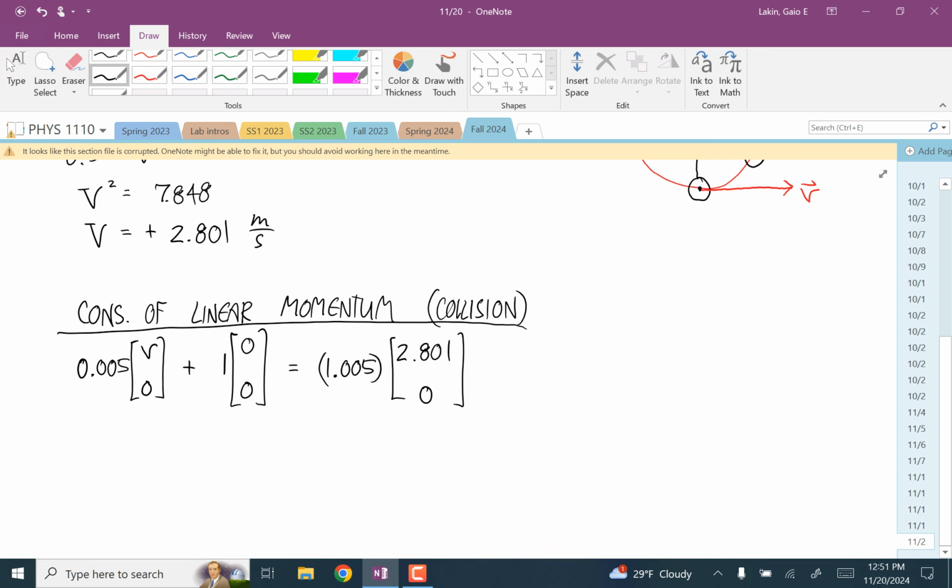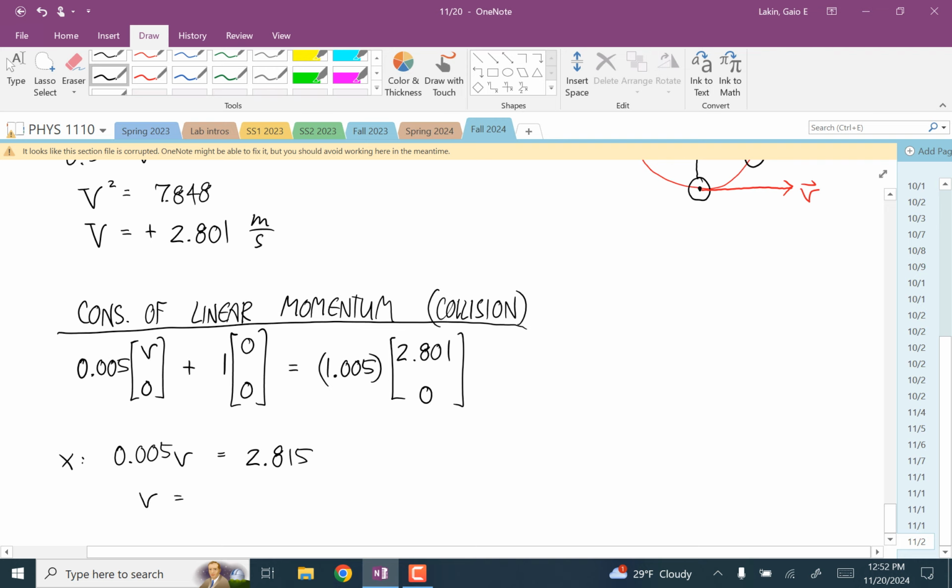Okay, so now we have 0.005, I'm just using the x equation, times v is equal to 1.005 times 2.801. So it's equal to 2.815.